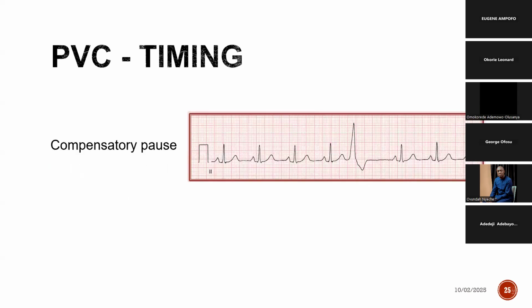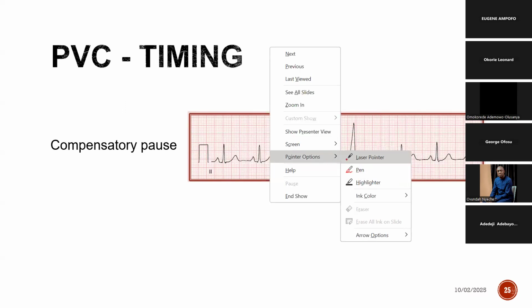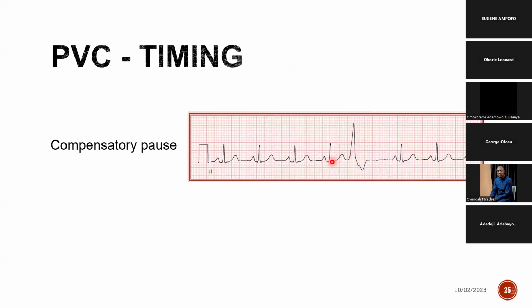Okay, so that can be seen on this ECG. Let me get my pointer. Okay, so this is the normal beat that is coming from the SA node, and we have a PVC. So when the PVC occurs, the ventricle contracts, giving this wave, and the same impulse goes backwards towards the AV node and the SA node.